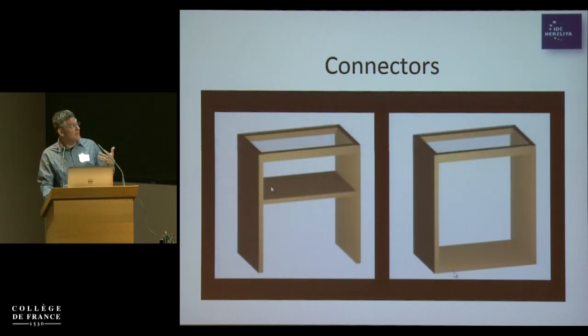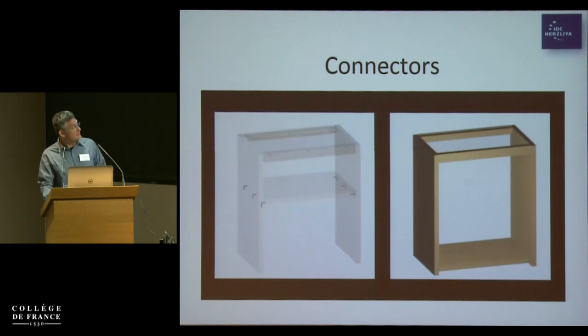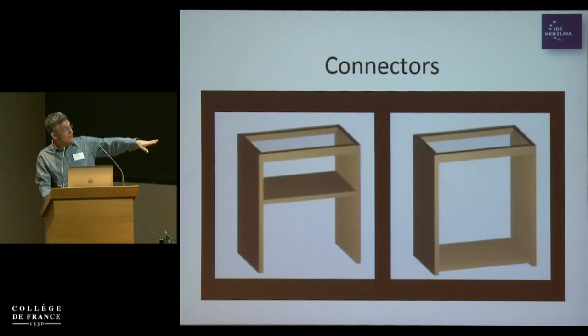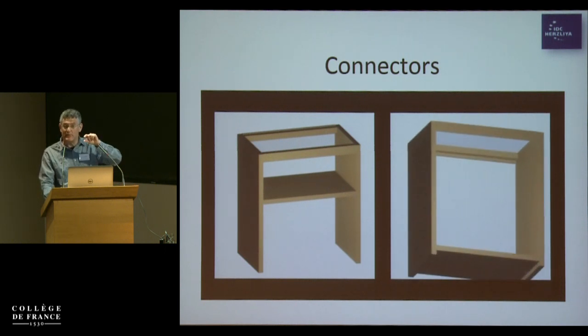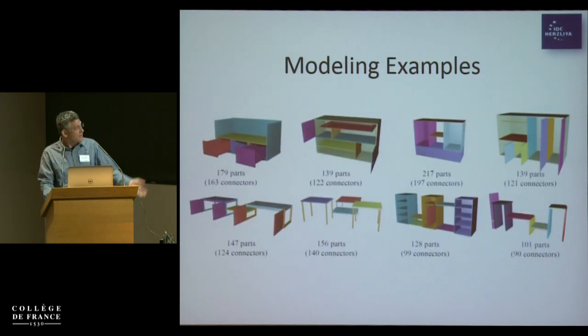And yet again, this is done automatically by the system. Someone dragged the shelf and it was raised a little bit because you need to put spacing for the connectors. Again, this is done automatically. All those details are not part of the designer's job.